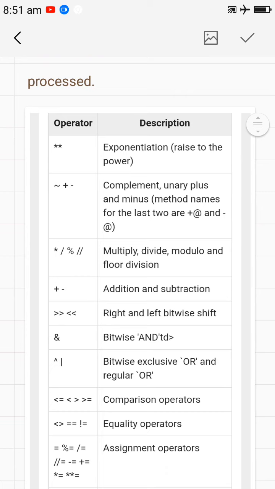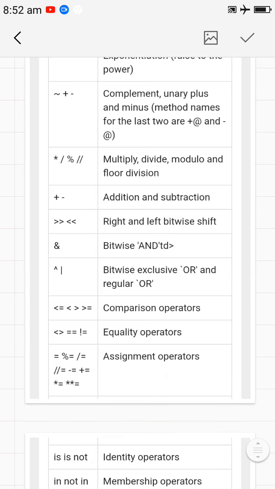After that the right and left bitwise shift operators. Then bitwise AND, after that bitwise exclusive OR and regular OR. Then comparison operators, equality operators, and the last one, assignment operators. So this is the order in which operators will execute in Python.